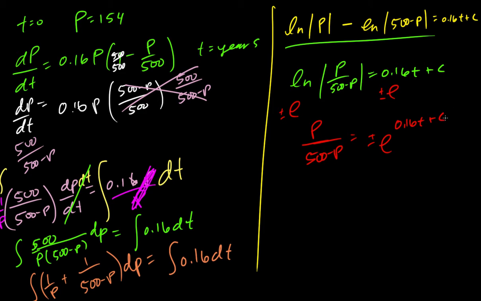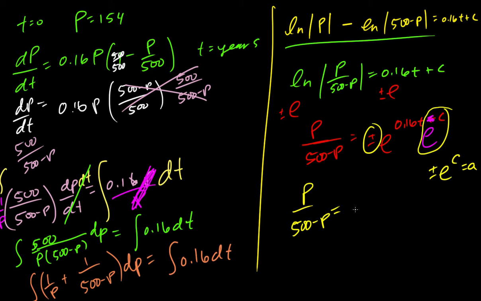Okay, now if we rewrite this like that, we can take plus or minus e to the c and call it a, and we get p over 500 minus p equals a e to the 0.16 t.